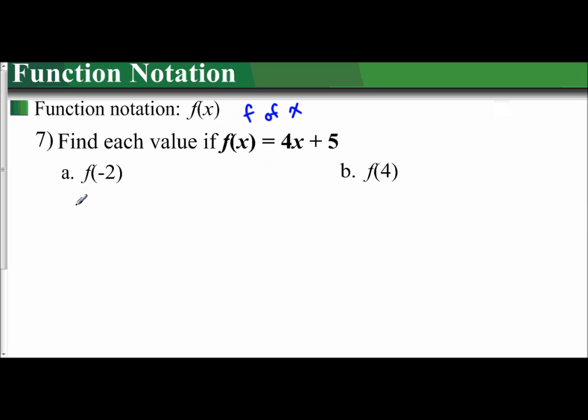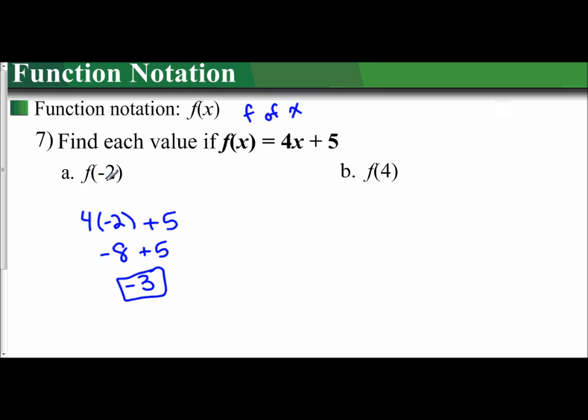So f of negative 2 means 4 times negative 2, plus 5. And then you just deal with order of operations, multiply 4 by negative 2, and then add 5. So negative 8 plus 5 is negative 3.